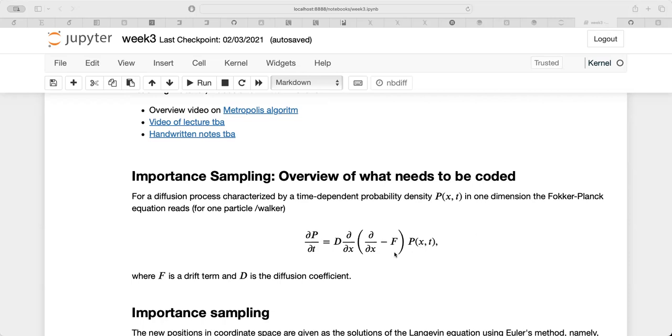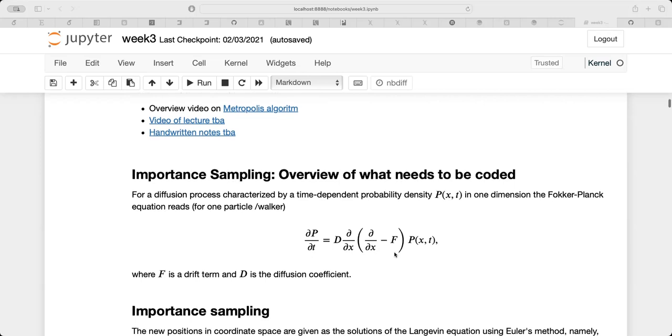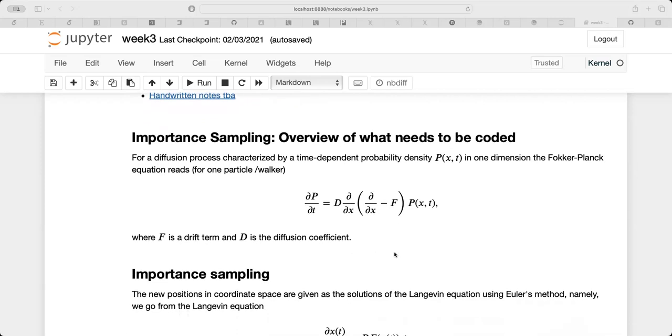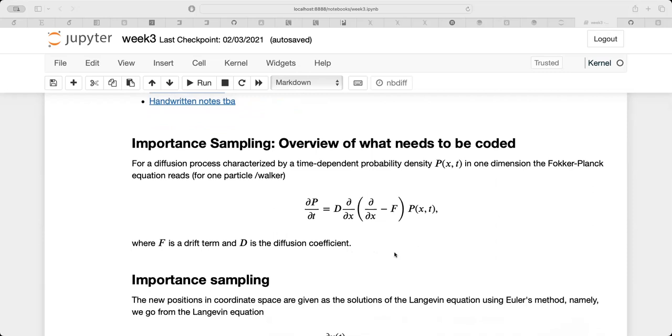Then we are going to go through the basic equations which we are going to use. So we said last week that the Markov chain Monte Carlo is a way to mimic the physical process of diffusion. And if you take away an external force, the diffusion equation is given by a probability distribution function, or probability distribution density.